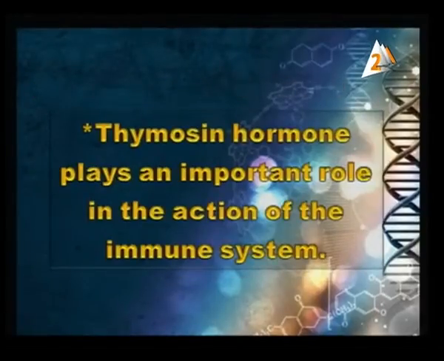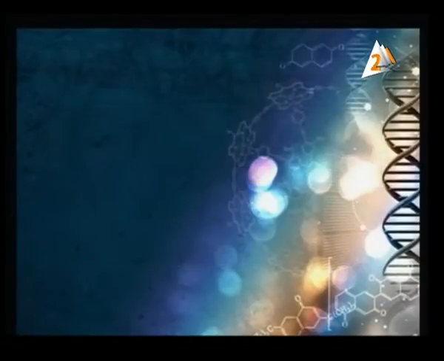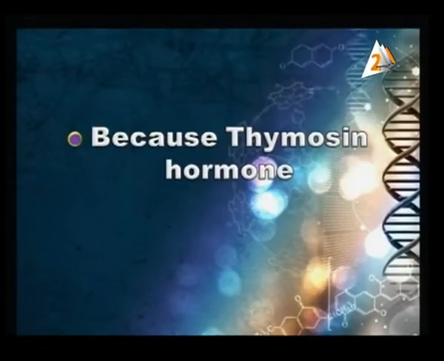Thymosin hormone plays an important role in the action of the immune system, because thymosin hormone stimulates the maturity of lymphoid stem cells to T cells and their differentiation into different types inside the thymus gland.